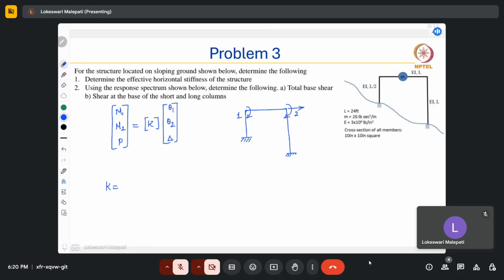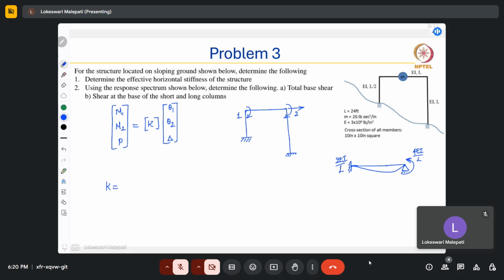So for this, we need to remember the stiffness coefficients for different displacements. So for example, we have the standard stiffness coefficients when we apply a unit rotation. For example, we have this thing and we apply a unit rotation by fixing all the degrees of freedom. A moment of 4 EI by L is generated at the near end and 2 EI by L is generated at the far end.